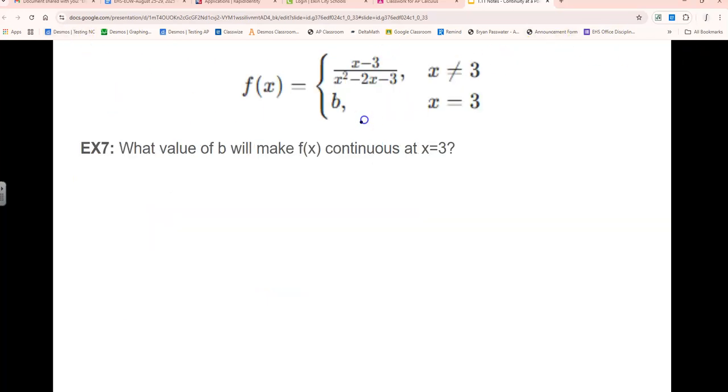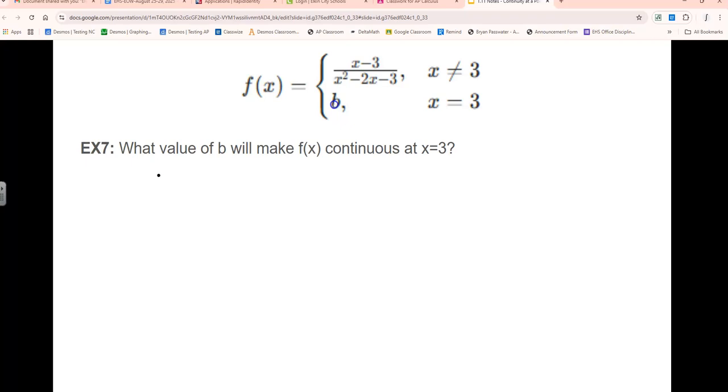All right, what's different about this one? X is not equal to 3. That means we use this function everywhere except at 3, right? So whenever I'm doing this problem, it's asking me for what value of B would make this continuous.